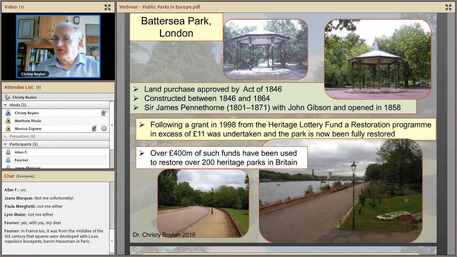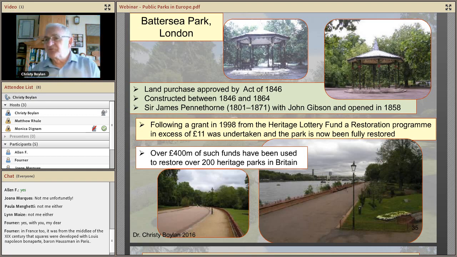But this wasn't an awful lot of money, because the cost of setting up and maintaining the parks would be about £100,000. So in 1841 there were 77 additional parks, public walks, in the process of formation.